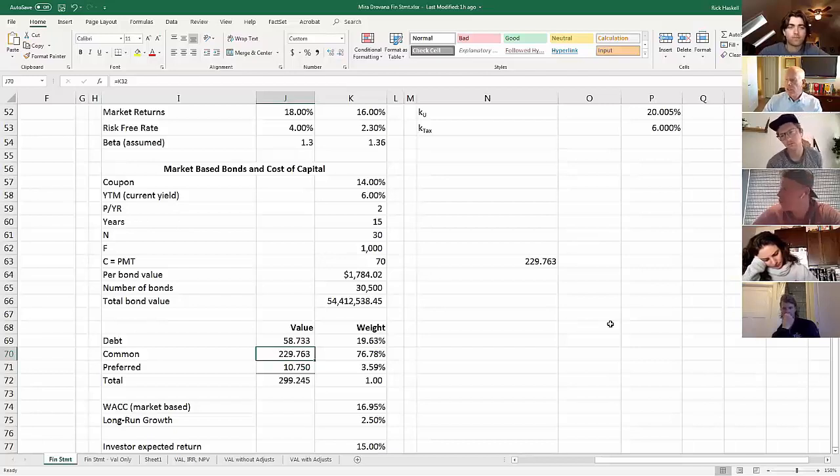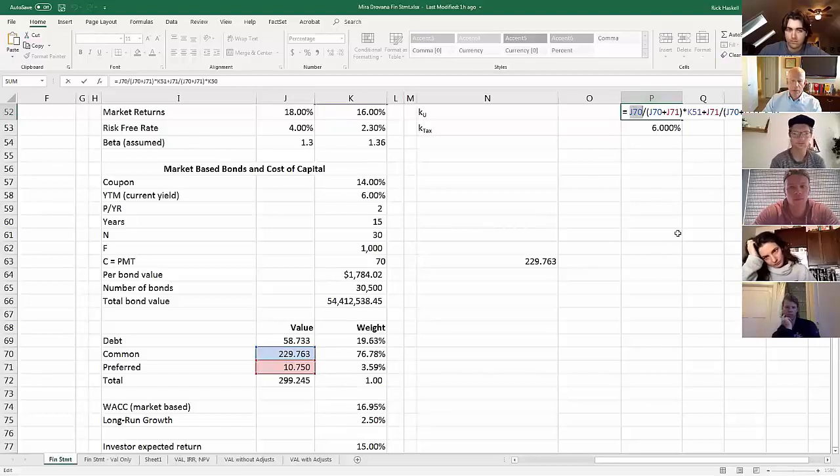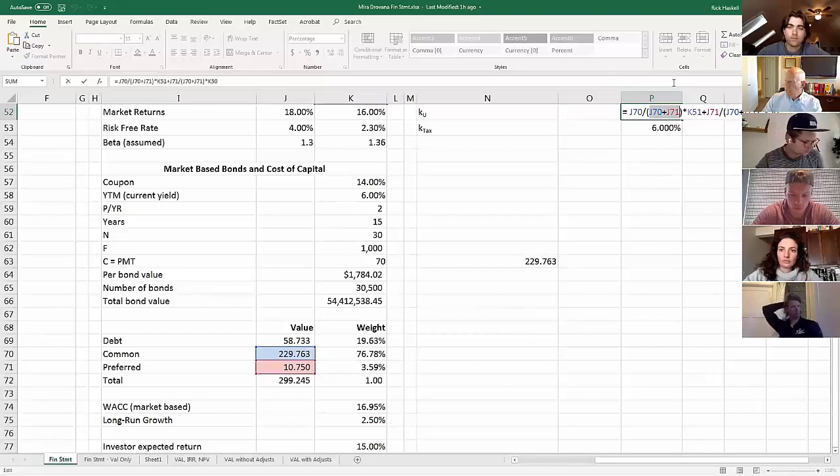Think about this. I'll show you the equation. So in the first part of the equation, I've got common stock, J70, that's my numerator. And in my denominator, I've got the value of the common and the value of the preferred together. And so taking the common divided by common and preferred, I get the percentage of the equity that the common stock represents.